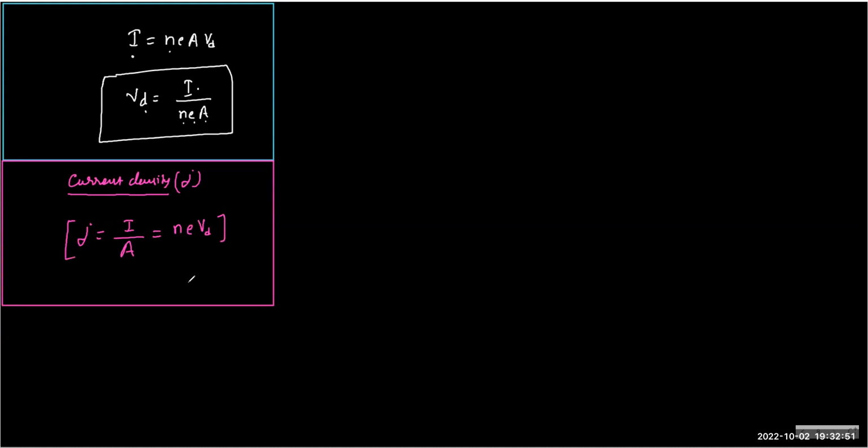Now current we define for the entire cross section. What about J? Is J defined for the entire cross section, or for a point of the cross section? Per unit cross section, so it is basically like a point, which is dimensionless.